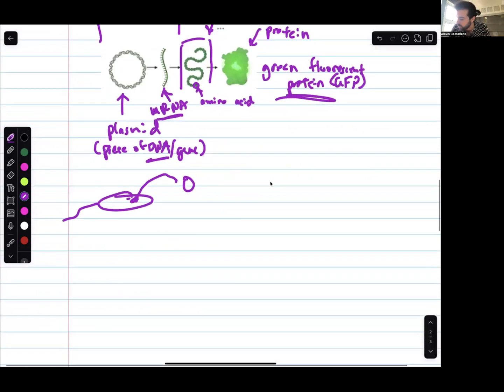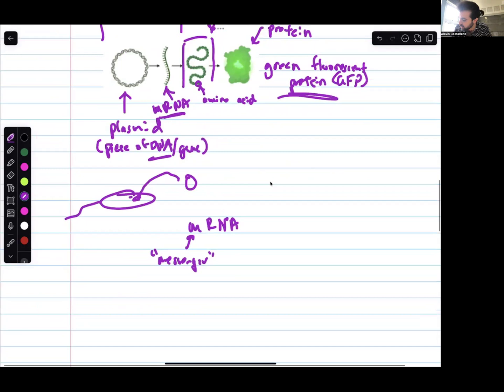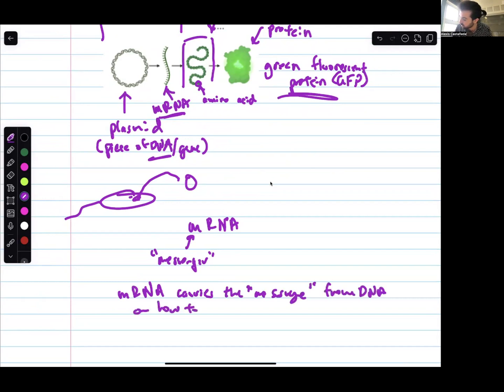In case you were wondering, the M in mRNA stands for messenger. mRNA carries the message from DNA on how to make a specific protein.